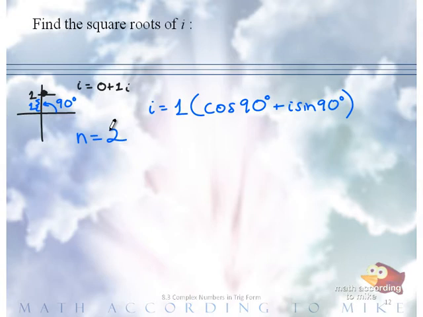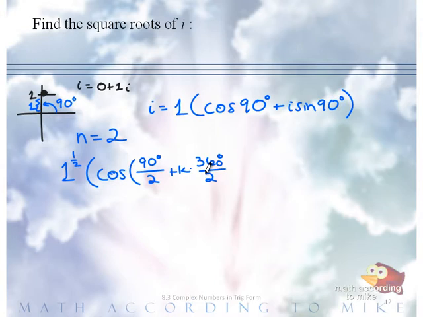Here it comes. We're going to have 1 to the 1 over 2 cosine of your angle theta divided by n. In our case, it's 2. Plus k times 360 divided by n, which is also 2. And we're just going to repeat that for the sine.